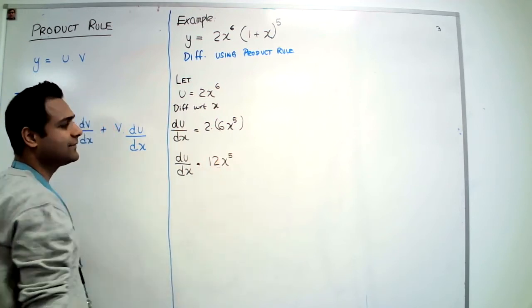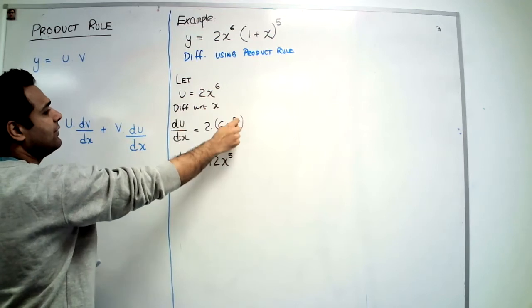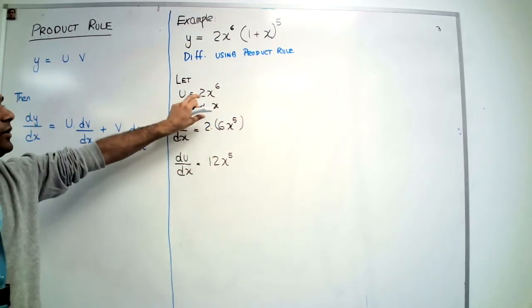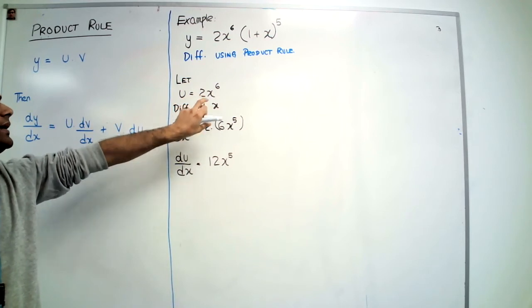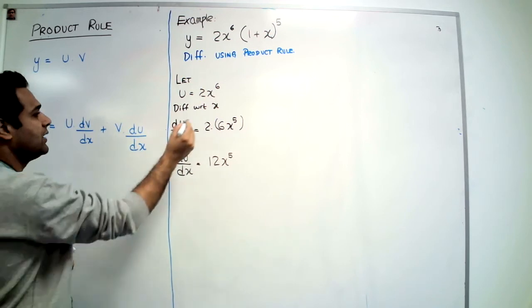So du over dx is 12x to the power 5. The power comes out and reduces the power by 1. This 2 is a constant. It's called the constant rule. It remains outside. There is another video for the constant rule. You can have a look.